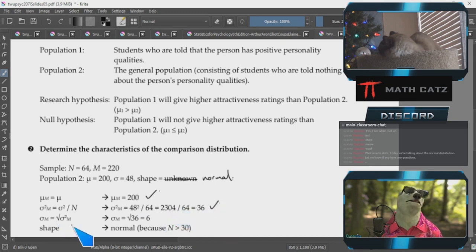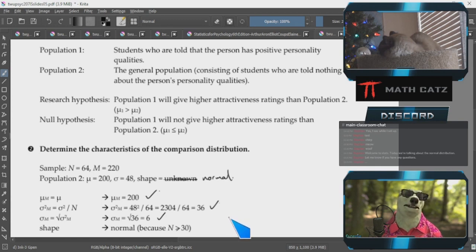Standard deviation, of course, we need standard deviation for our z-scores. Square root gives us a 6. The shape of this comparison distribution is normal because my sample size is large enough. That's not really necessary because I had a normal distribution for my population anyway. So we win either way. Sample's large enough and we have normal. So definitely our comparison distribution is normal.